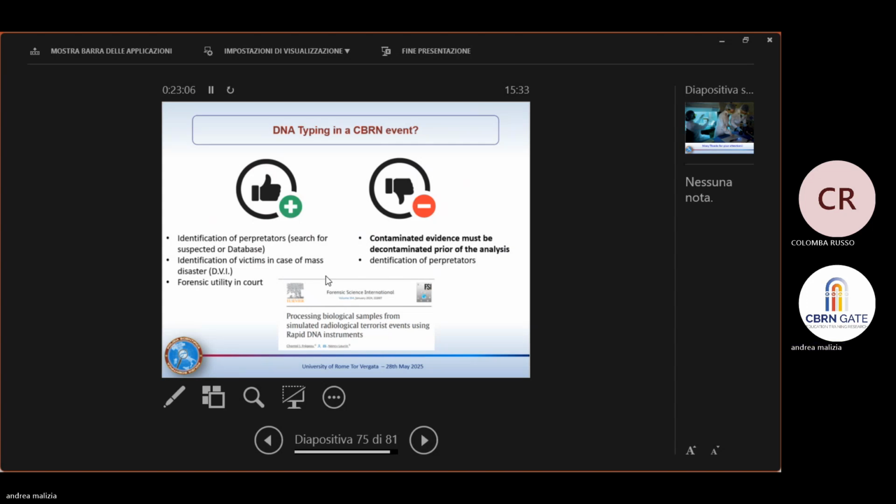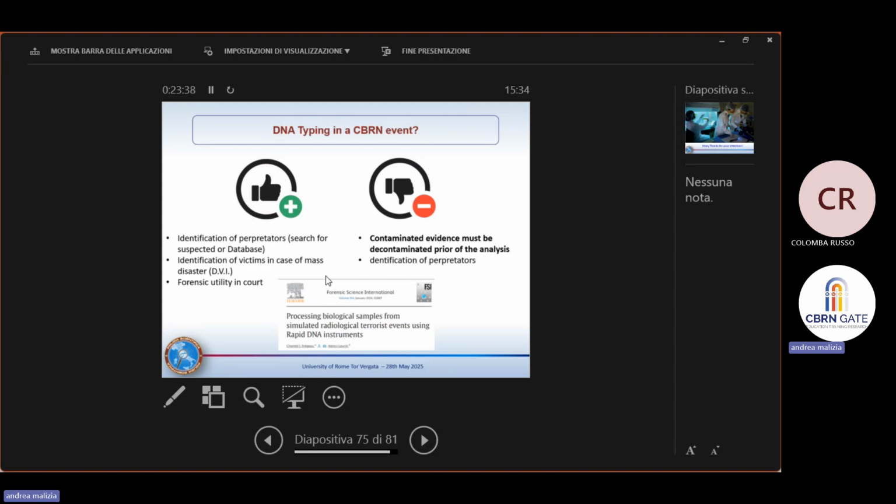If an item is contaminated by chemical or biological CBRN substances, then you need to decontaminate, and the protocols for decontamination currently, in most cases, are destructive and will also destroy your DNA.